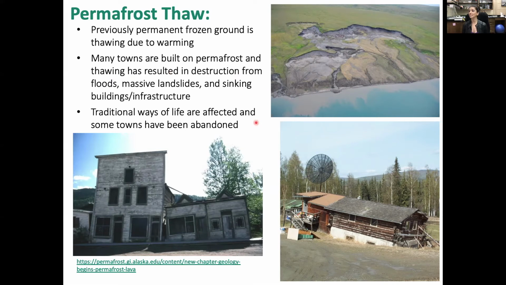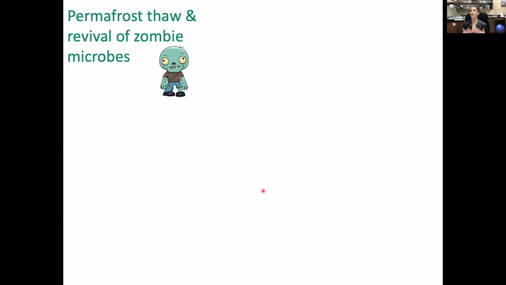Now, not only does this affect physical infrastructure, but it also has implications for the revival of zombie microbes. These are microorganisms that have been locked away for perhaps millions of years, but are still in a state where they can be revived once the permafrost becomes warm enough.